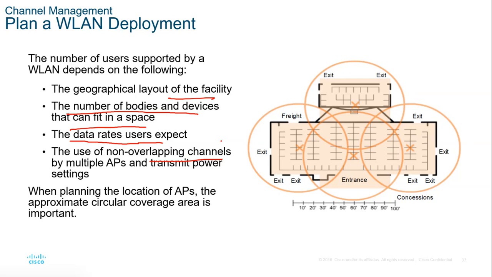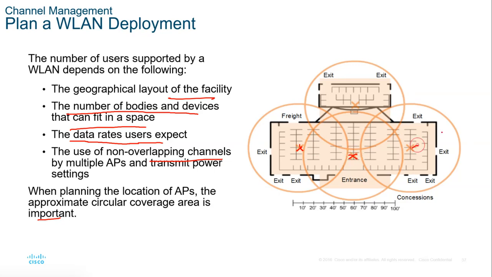So when planning the location for the AP, the approximate coverage area is important. So you have to make sure that you use, when you look around here, which one. If you have an access point here, it will cover all this space. If you have this, it will cover this.